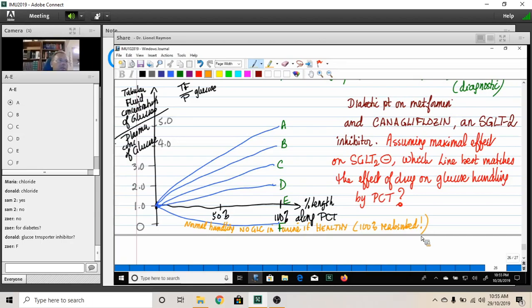So is there a chance that in the diabetic, one, you have no glucosuria, and two, on top of it, in presence of a drug that blocks reabsorption, there would be 0% glucose in the urine? What do you think?